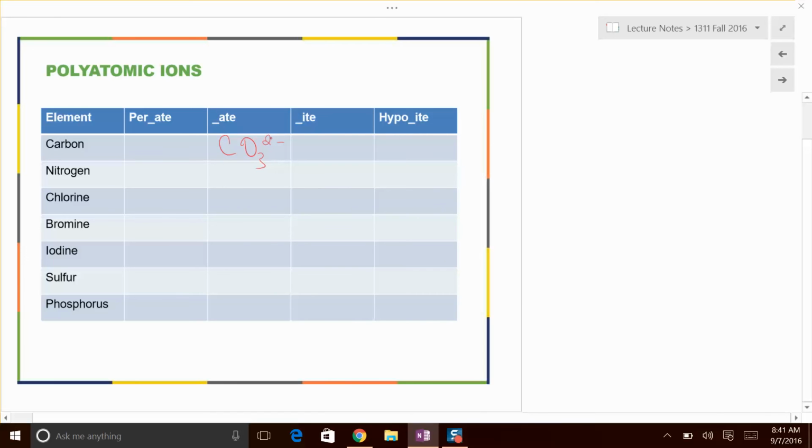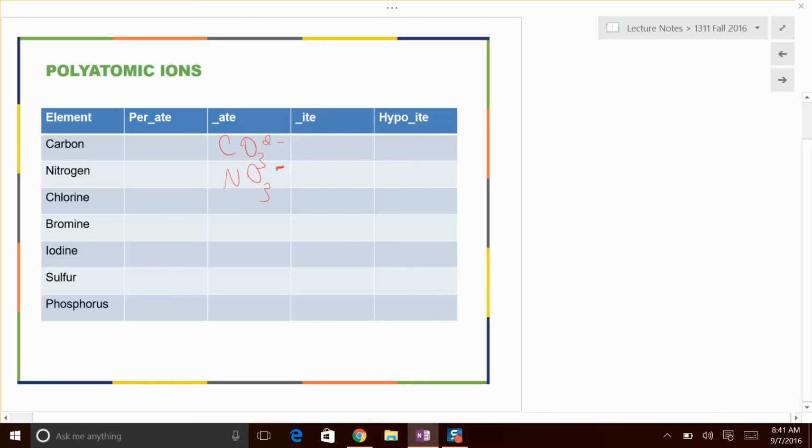Starting there, that's carbonate. Then I move over to nitrogen. This is called nitrate. It's the ATE ending. Nitrate also has NO3, but instead of a 2 negative charge, it has a -1 charge.